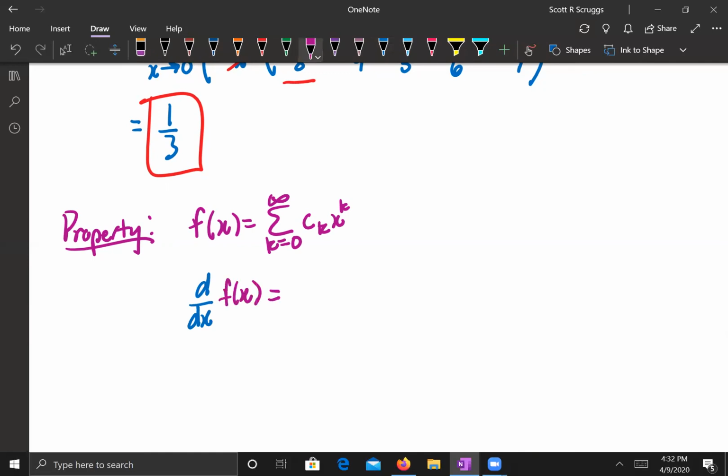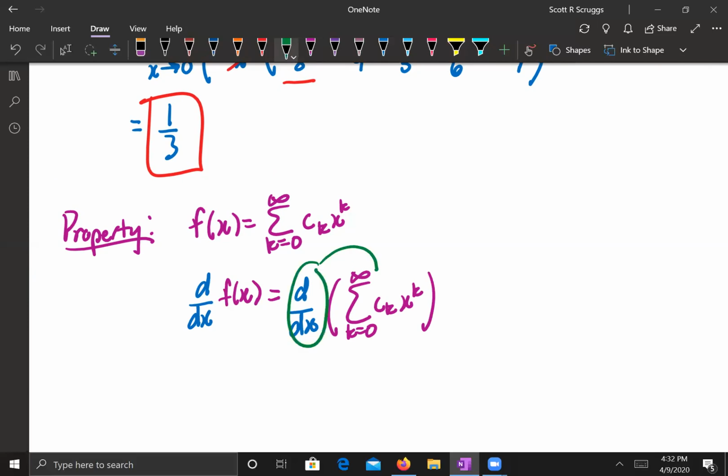what I can do is I'll take a derivative of that power series, and what my property of power series tells me is if I take a derivative of a power series, I could take the derivative term by term, which in other words tells me the derivative gets to come inside my series.